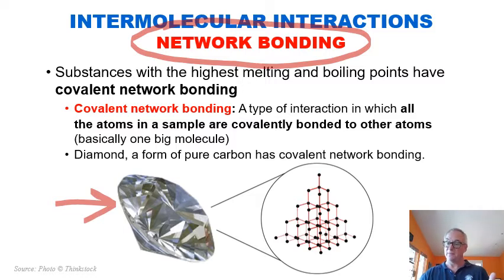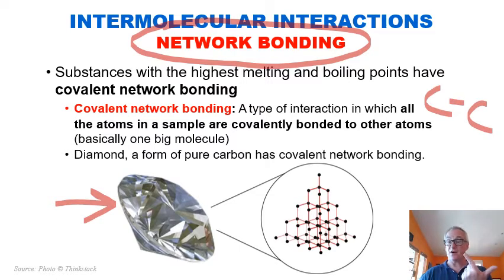There's a reason why diamond is the hardest, or one of the hardest. I think scientists are constantly working on something that's harder. But why is it such a hard compound? It's because every atom in a diamond is covalently bonded to other atoms. They're all linked with carbon-carbon single bonds.